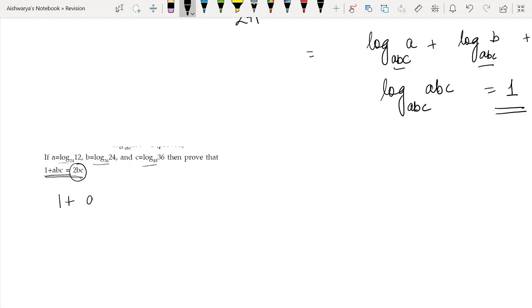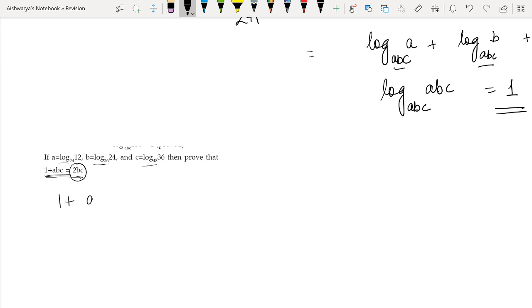1 plus A value is log 12 base 4 into B is log 24 base 36 into log 36 base 8. If you remember, a few minutes back I told you whenever you have multiplication like this, if you look at this number same, then what you can write it as is log 12 base 36.